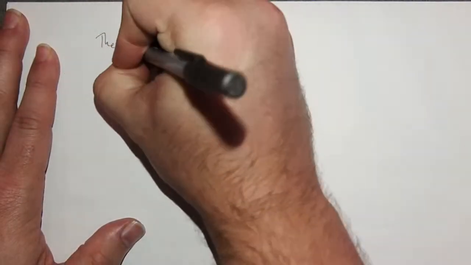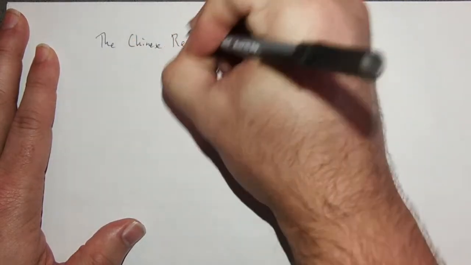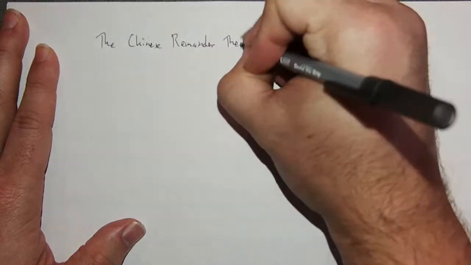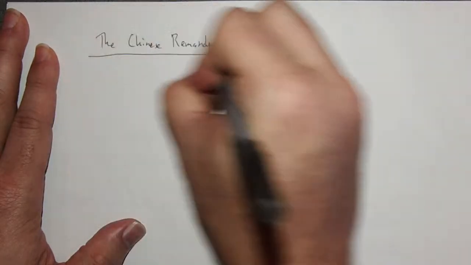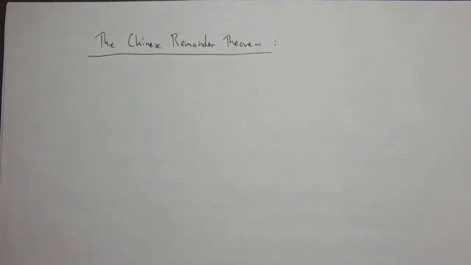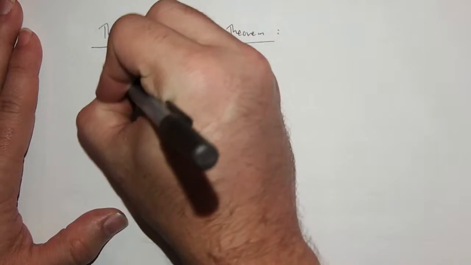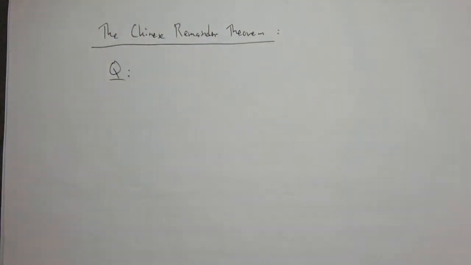Last thing I want to talk about for congruences right now is the Chinese remainder theorem. So before I get to the actual statement of the Chinese remainder theorem, I have a question. It seems like a weird question at first.